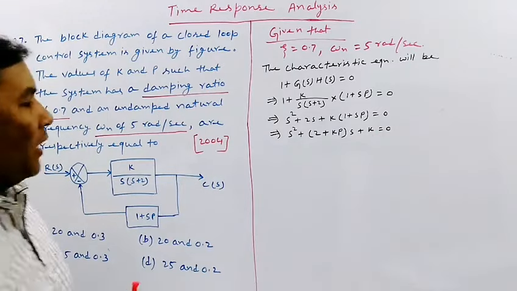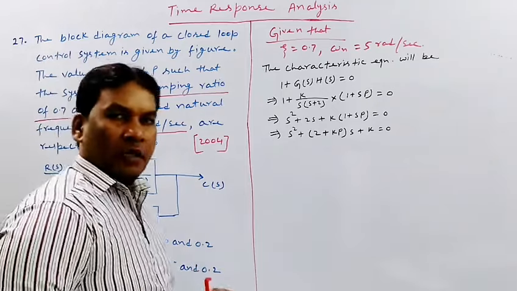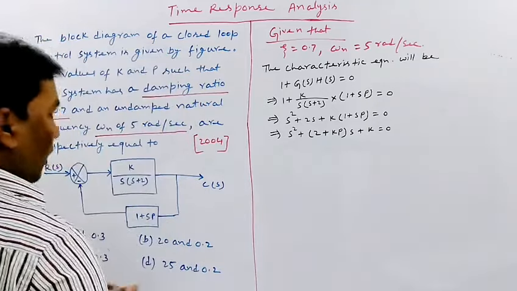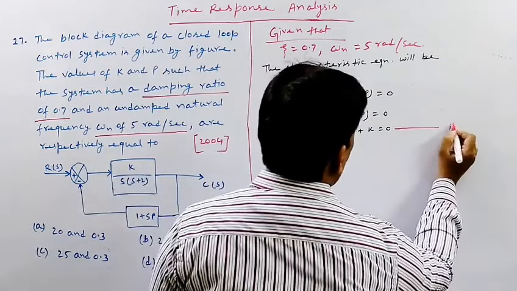Now we compare this characteristic equation with the standard second order characteristic equation. Let us write this equation as equation number 1.